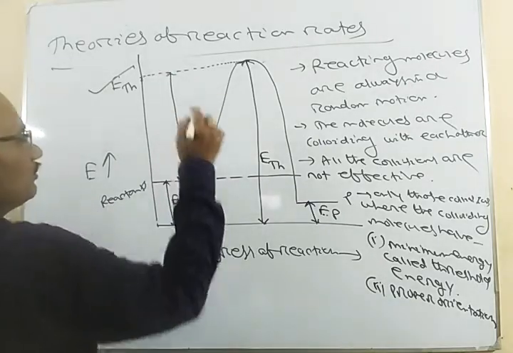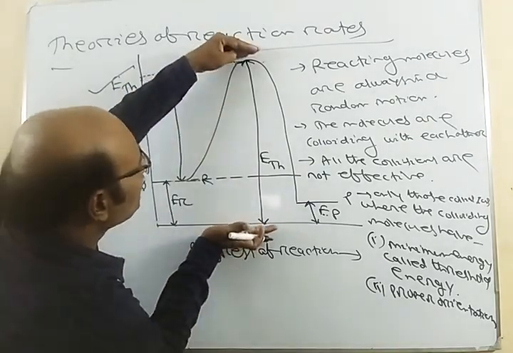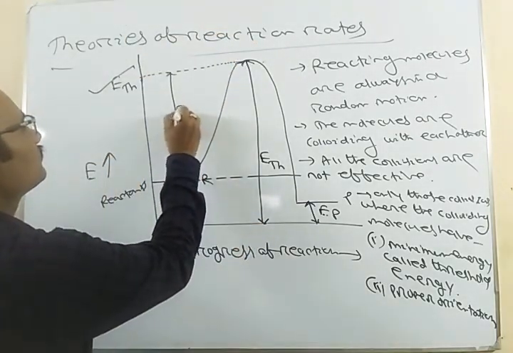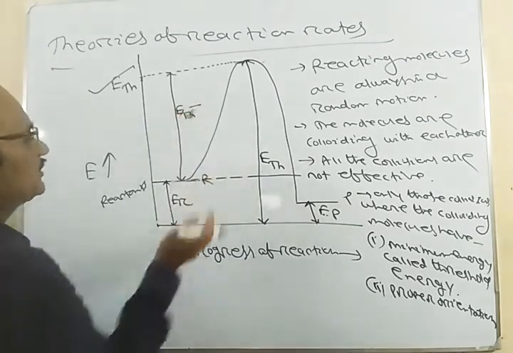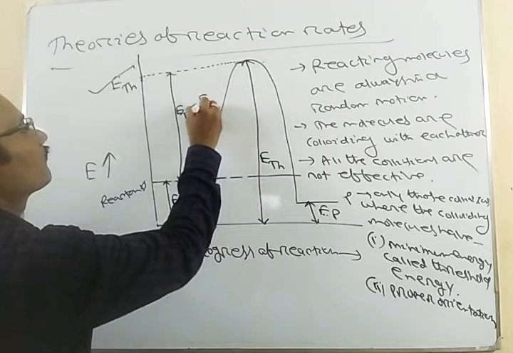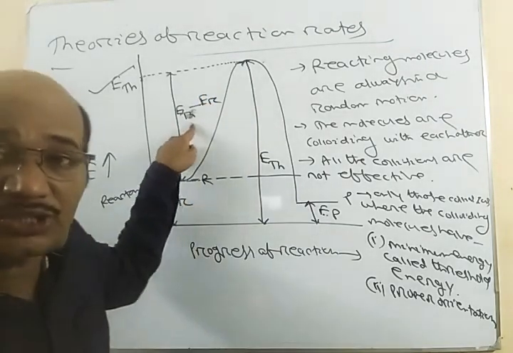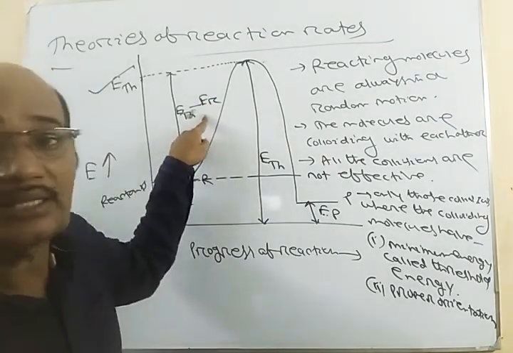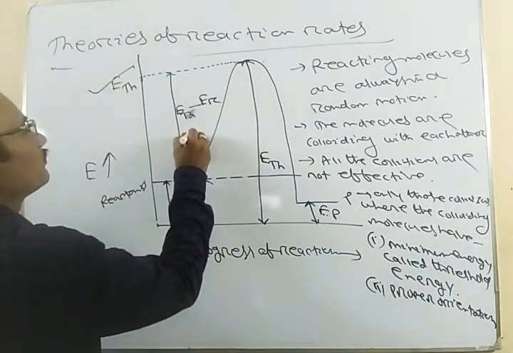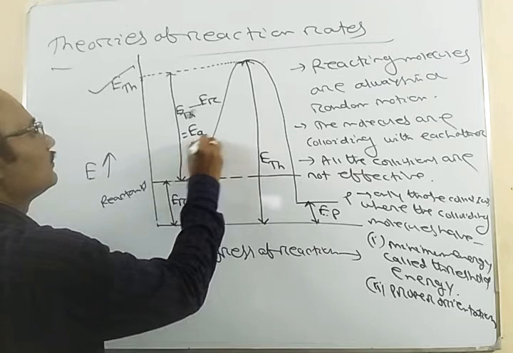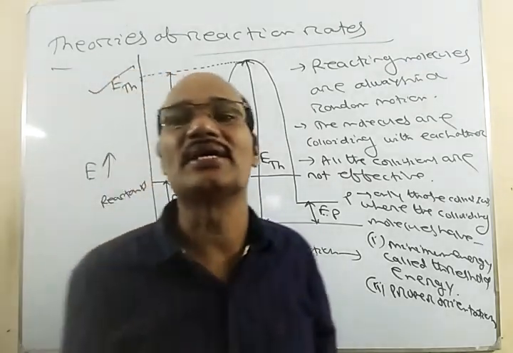And this is called what? Total ETH minus ER. So threshold energy minus the energy of reactant is called EA, the activation energy.